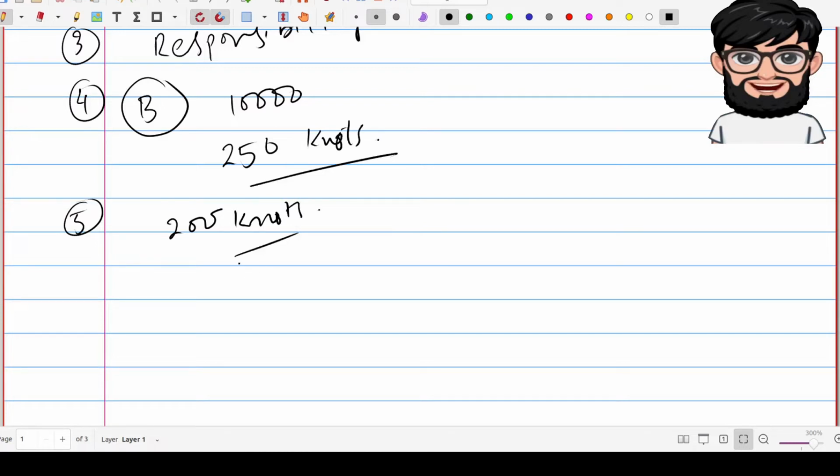So in the VFR corridors, flying in the lateral limits of the class Bravo airspace, you should not exceed 200 knots.